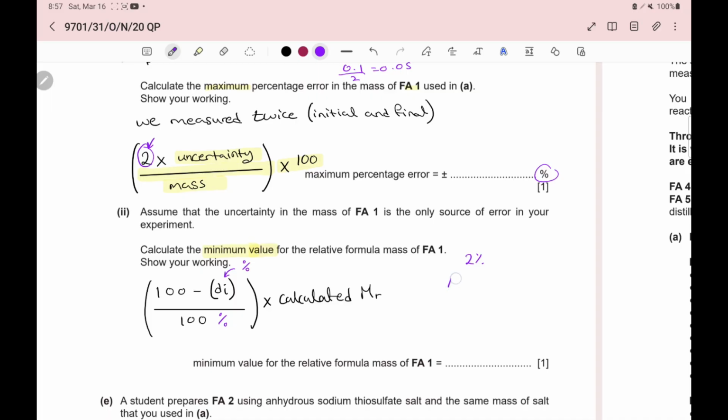So it'll be 100 minus the 2% that we found. We want to get rid of the percentage, so we divide by 100, and now we're left with a decimal, 0.98. We multiply it by the calculated Mr that we got in the previous question, and that's our minimum value for the relative formula mass. That's the smallest value that the relative formula mass of FA1 could be. If we wanted the max value, then it's going to be 100 plus the percentage error, divided by 100.